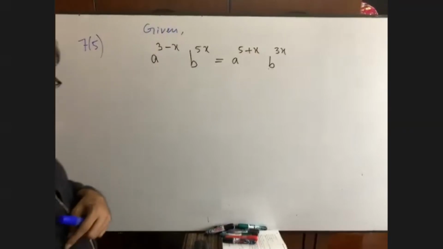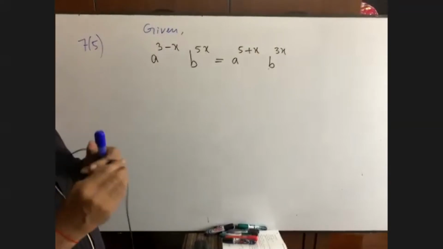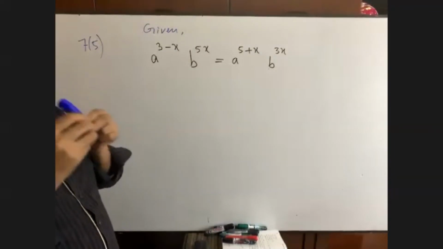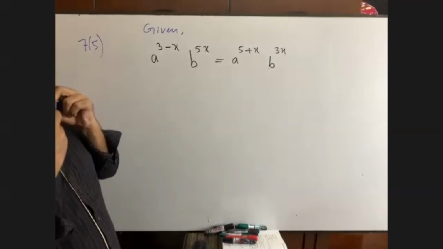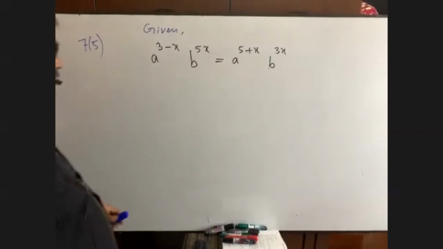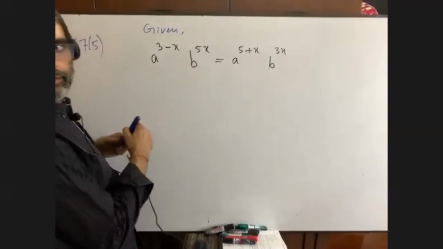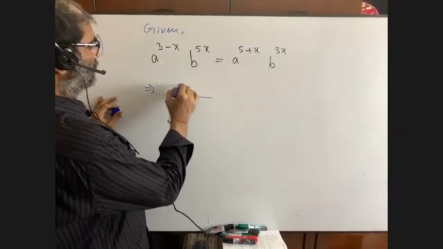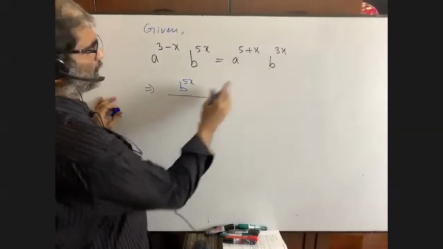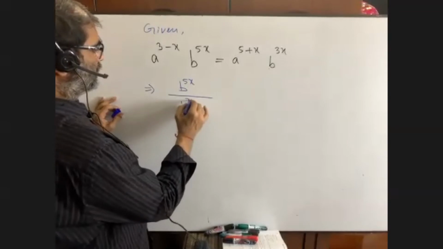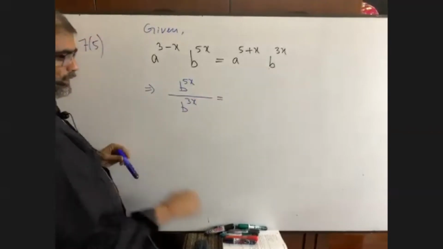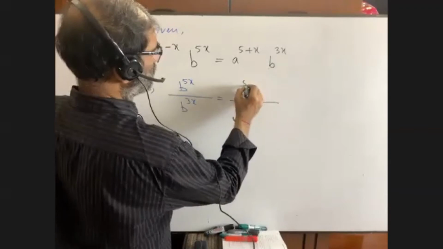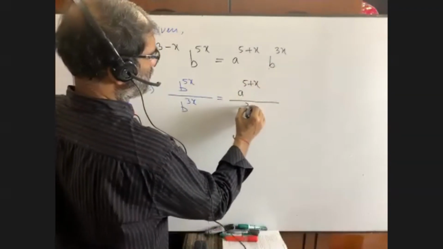You see. Now you see here, I can write here, write down, B to the power 5x by B to the power 3x is equal to A to the power 5 plus x by A to the power 3 minus x.